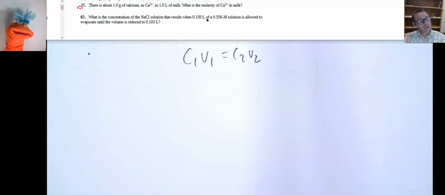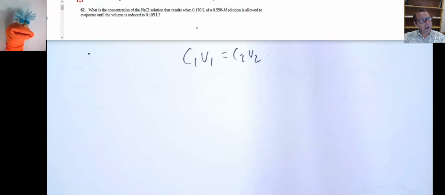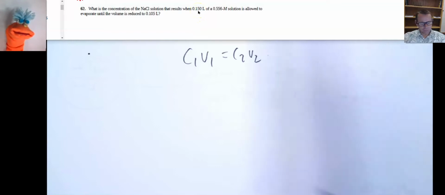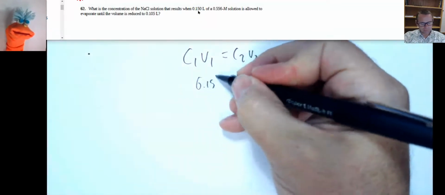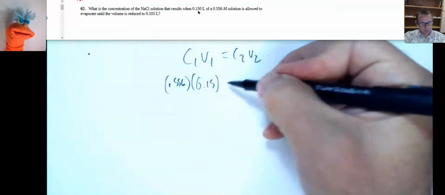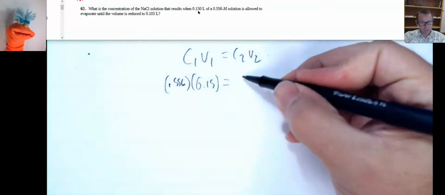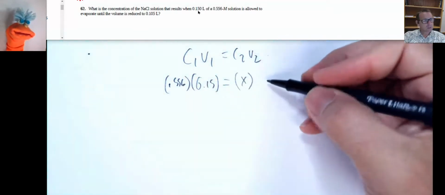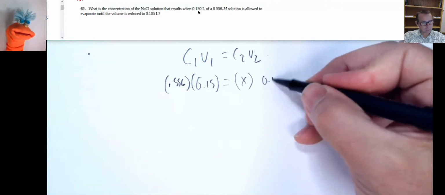All right. But in this scenario here, we're going to take our initial volume, 0.15, our initial concentration, 0.556, and our new concentration is what we're after if we go down to a volume of 0.105.